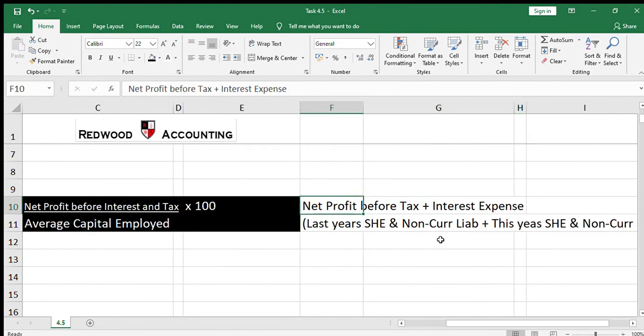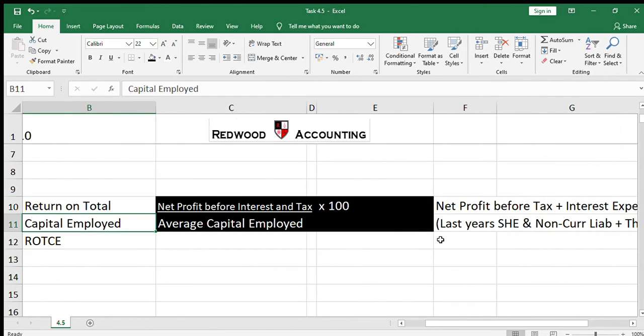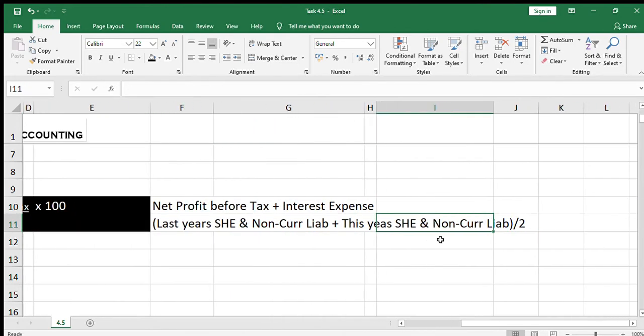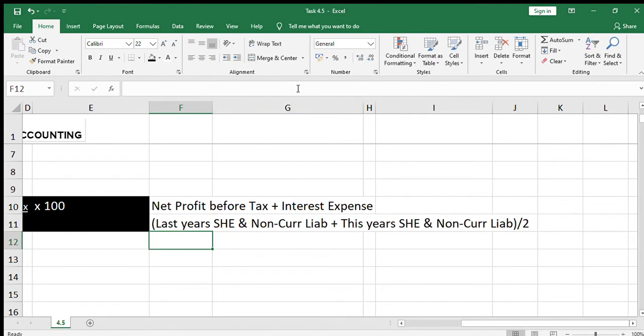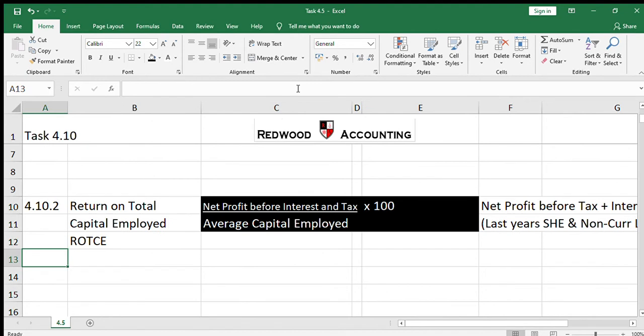For the numerator, we say net profit before tax, which we can get from the income statement, and we add back the interest expense. The average capital employed will be the last year's shareholders' equity and non-current liability together, plus this year's shareholders' equity and non-current liability. Okay, you will see that as we do the example.